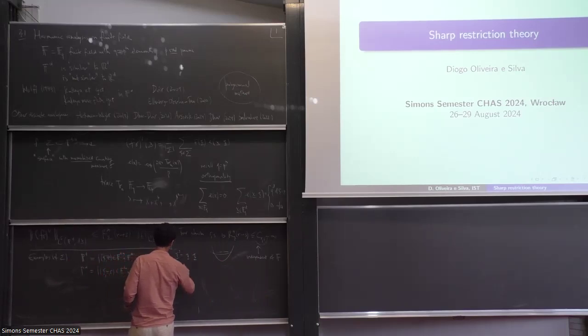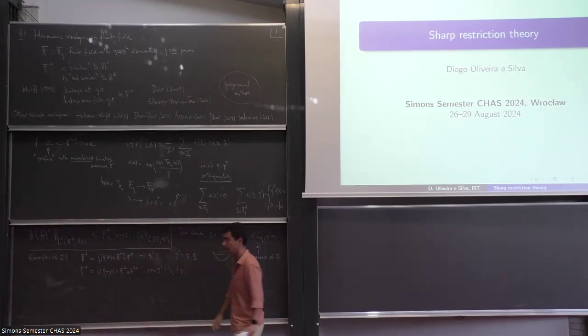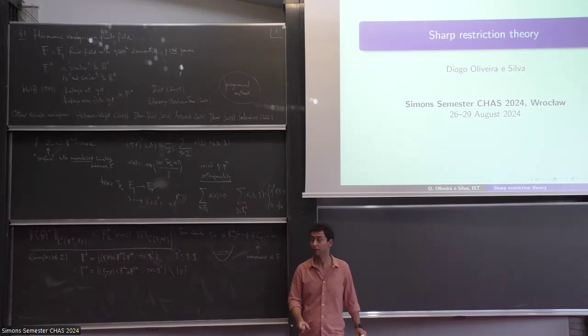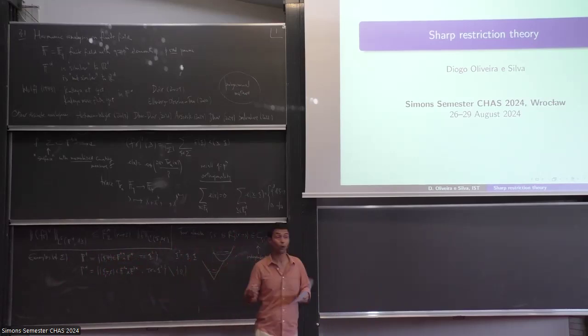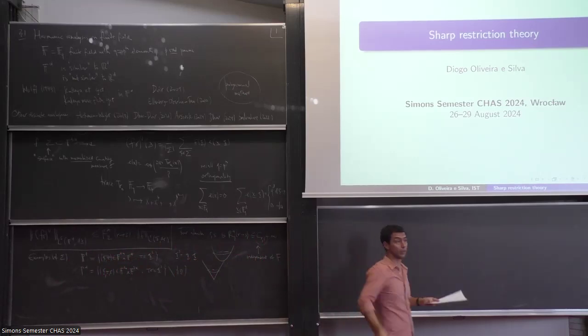For some technical reasons, which I will explain in a bit, I'm excluding the origin from the cone. This is the finite field analog of what we call the light cone in Euclidean space.